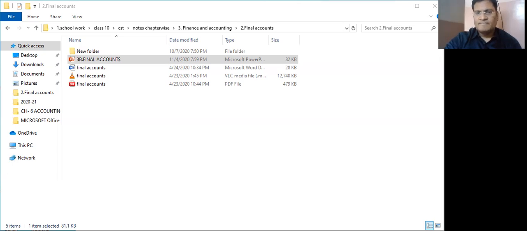Okay, so I hope you have understood: all the indirect expenses we have written on the expenses side, and all the indirect incomes we have written. Now, what is the meaning of indirect incomes? Indirect incomes are those incomes which are not operating income, that is, non-operating incomes. Apart from sales, whatever incomes the organization gets are indirect income.